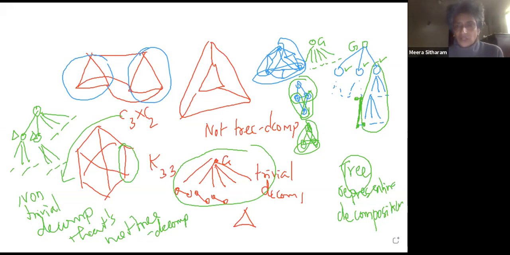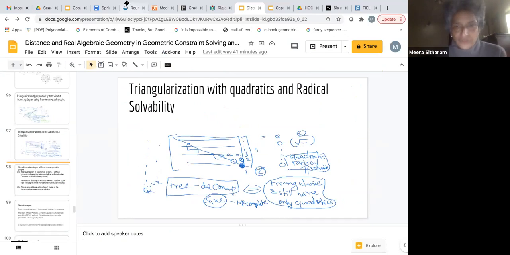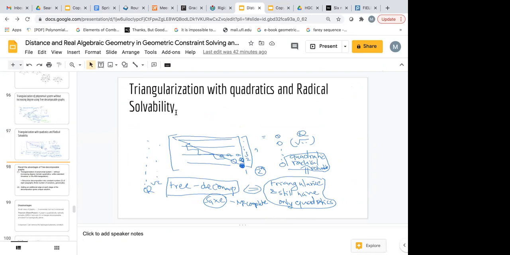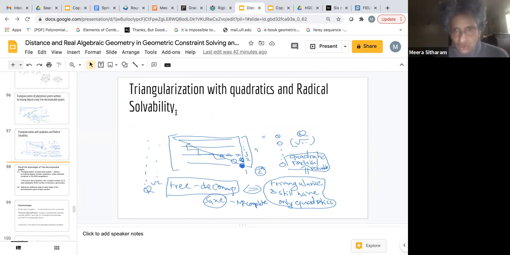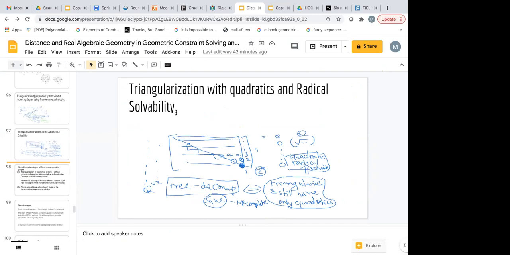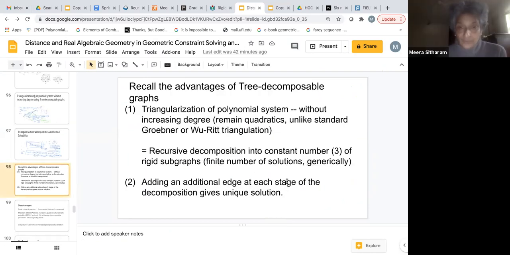Weird. Okay. So now you're seeing the slide that says triangularization with quadratics and radical solvability? Yep, you're seeing that screen. Okay. You're not seeing the screen that I just drew on a moment ago. No, we don't see that anymore. Okay, good.